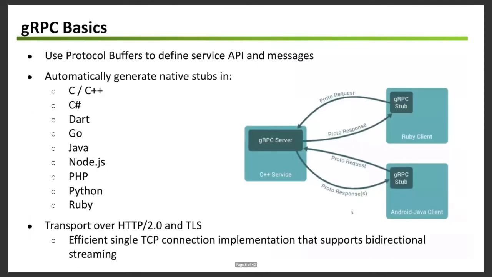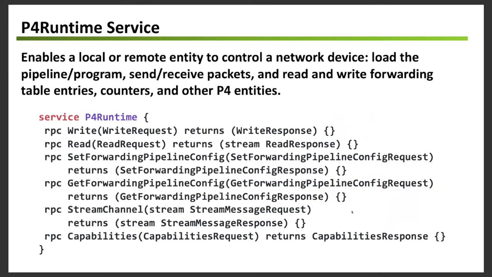I'm going to assume everyone knows about protocol buffers, protobuf, and gRPC, which are the messaging and RPC mechanisms used by P4 Runtime. One of the design principles for P4 Runtime was to keep the number of RPCs pretty small.